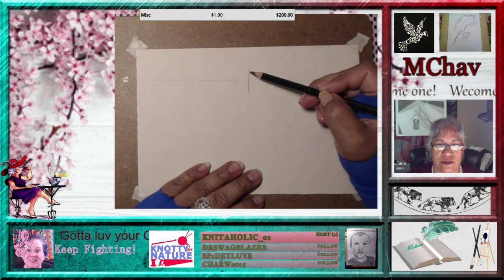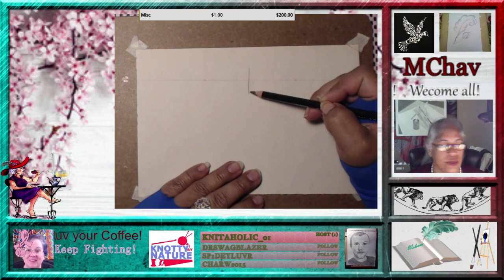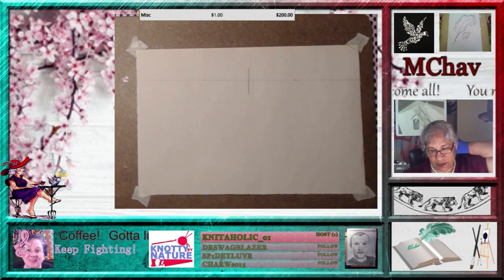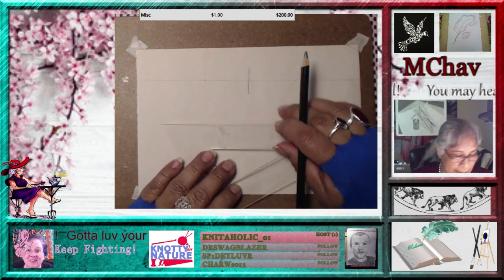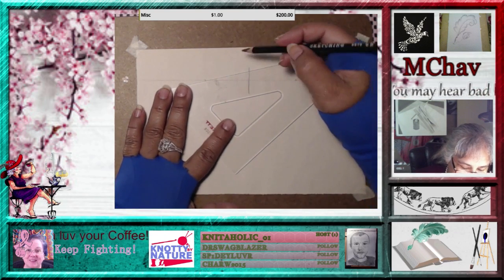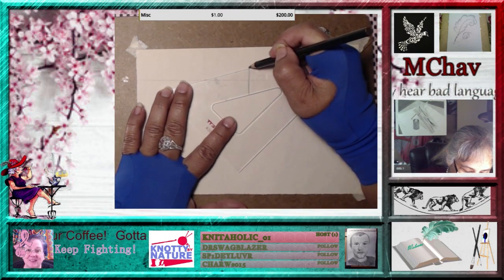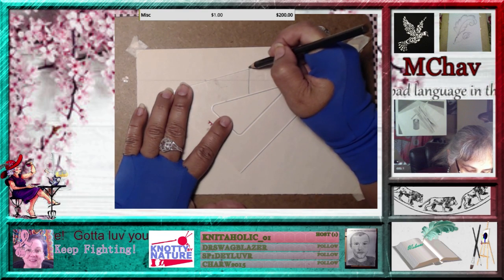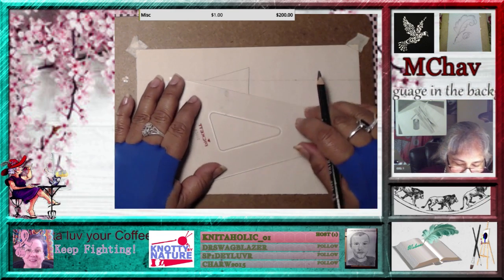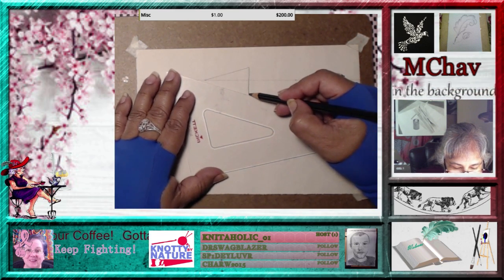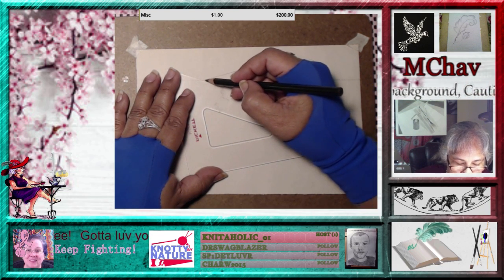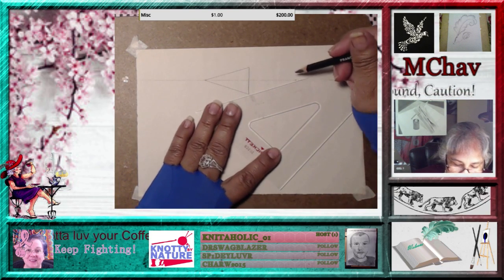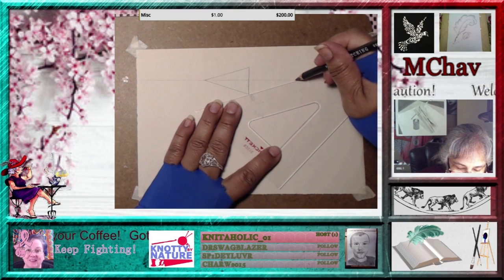So now we're going to make this line a little bit larger, and we're going to do the perspective a little bit different here. So we're going to do the same thing. We're going to put these lines to the vanishing points. Same thing here. There. Here again, vanishing point.